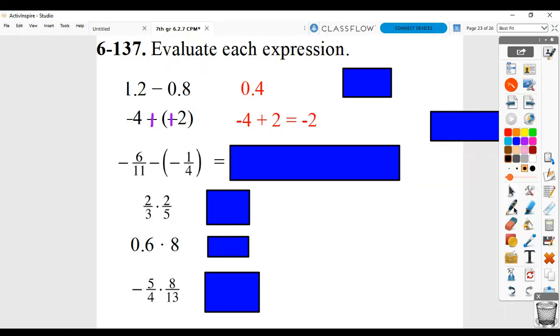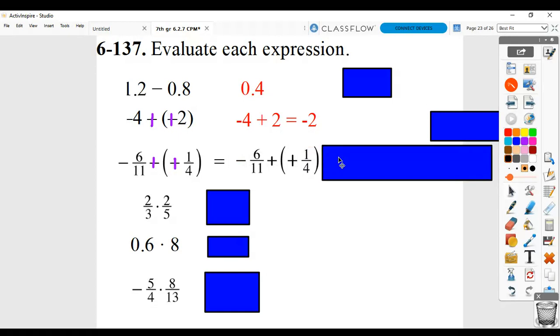Here you would be also changing it to adding the opposite. But also we need to think about getting a common denominator. So first thing I did is the rewrite again. And then I would change them both to 44ths. So negative 6/11 would become negative 24 over 44. And 1/4 would become 11 over 44.